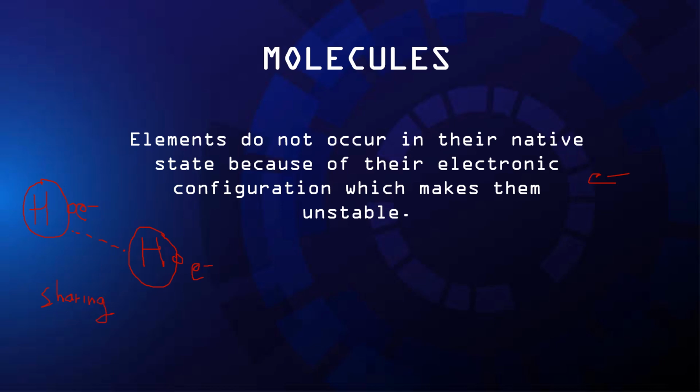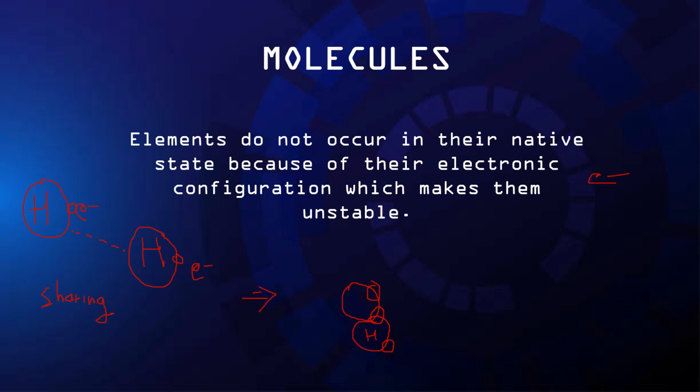So they share electrons with each other such that the hydrogen will have one electron here, it will have another electron here, and this is another hydrogen nucleus.